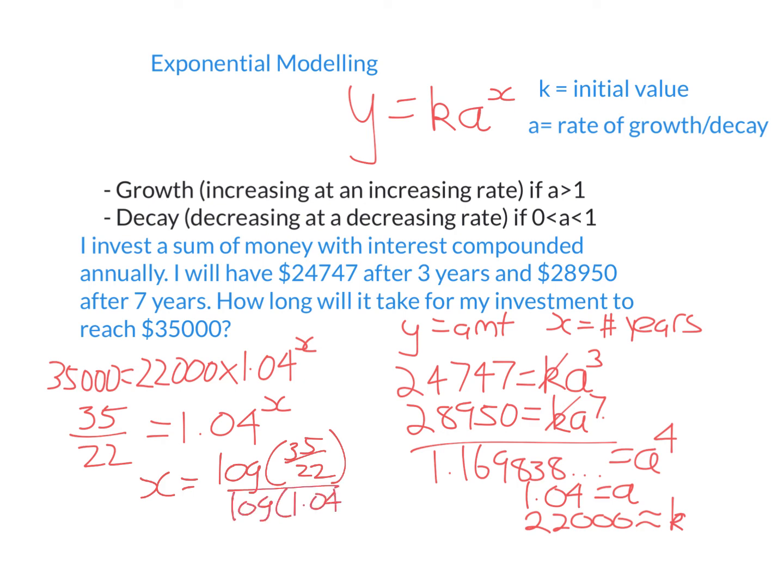If we don't want to use that, we could graph y equals 35 over 22 and y equals 1.04 to the power of x, and then get our graphics calculator to calculate the point of intersection. Either way, you get about 11.8 years, but we need to round that up to 12. So you would need 12 years in order for your investment to reach 35,000.